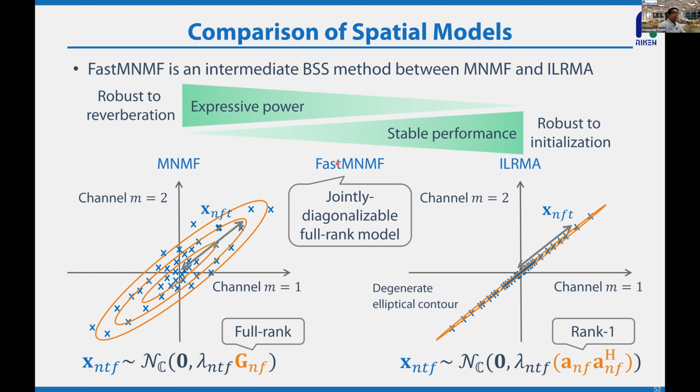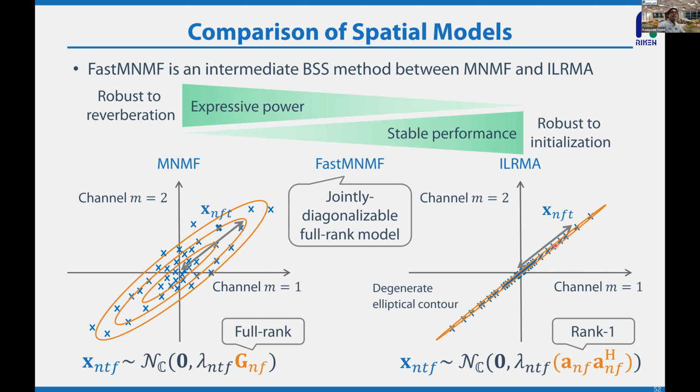So FastMNMF is an intermediate model between multi-channel NMF and ILRMA. In multi-channel NMF the spatial covariance matrix is a full covariance matrix, while in ILRMA, the spatial covariance matrix is a rank-1 matrix. So it's too strong.